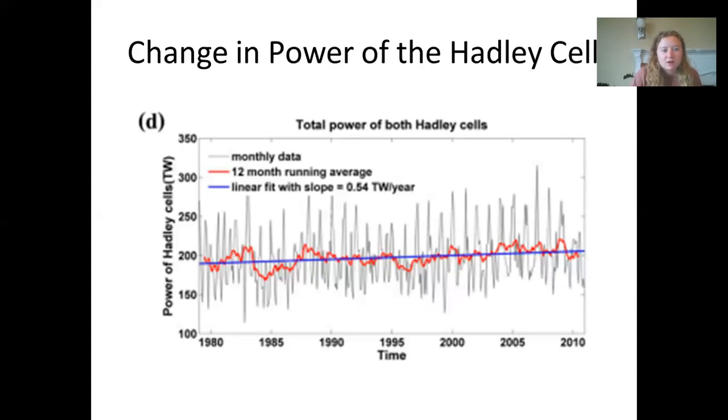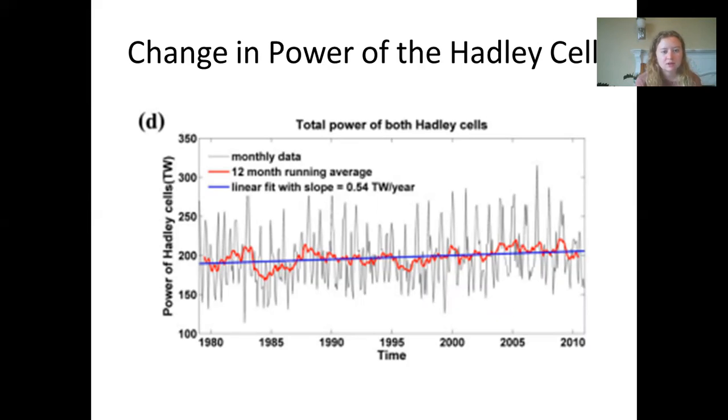This is a graph showing the change in power of the Hadley cell over the past 32 years. Observations of power of Hadley cells were taken monthly as well as yearly, and then a linear line was fit to this data. Looking at this data, obviously it's very messy, and so the linear fit had a fairly low R-squared value of around 0.3.